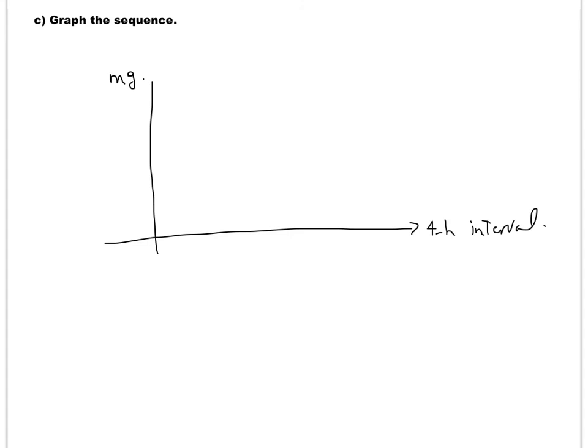My 4-hour interval is going to be 1, 2, 3, 4, 5, 6, and the amount of medicine, let's say 200, 400, 600, 800, 1000, and 1200 here.